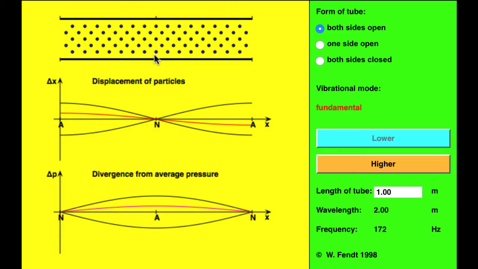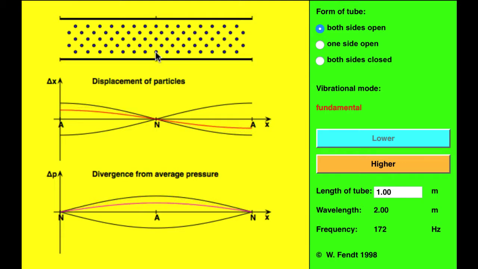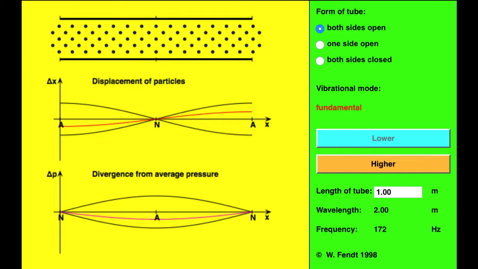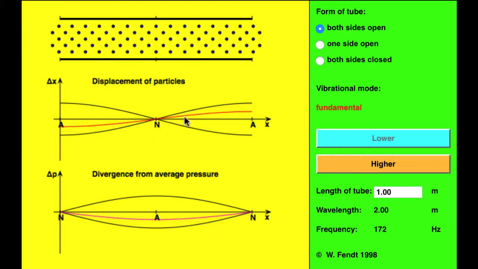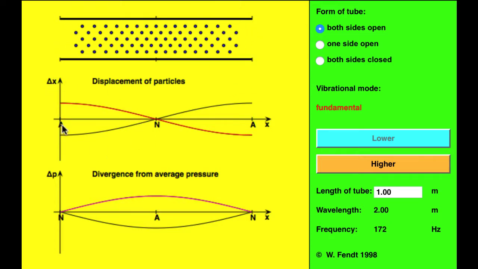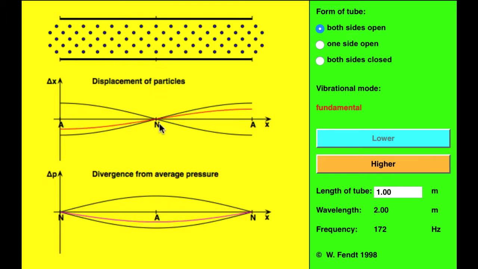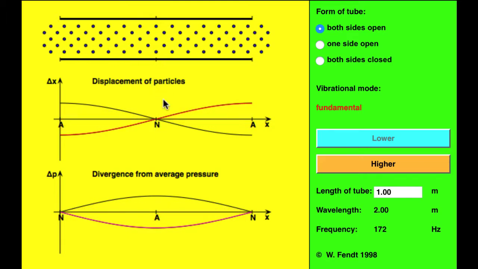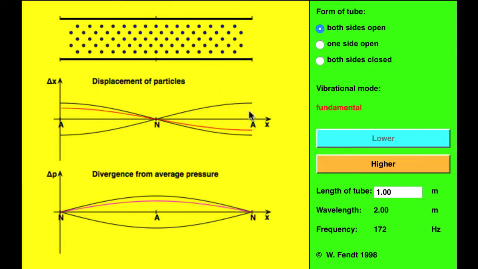If we look at the center, we notice that there is very little, in fact, there's no movement of the molecules at the center. We can see this graphically as the change in displacement. There's no change in displacement in the middle, and there's a great change in displacement at either end.